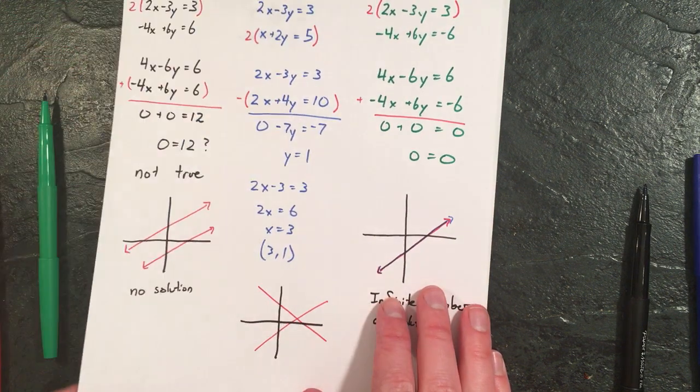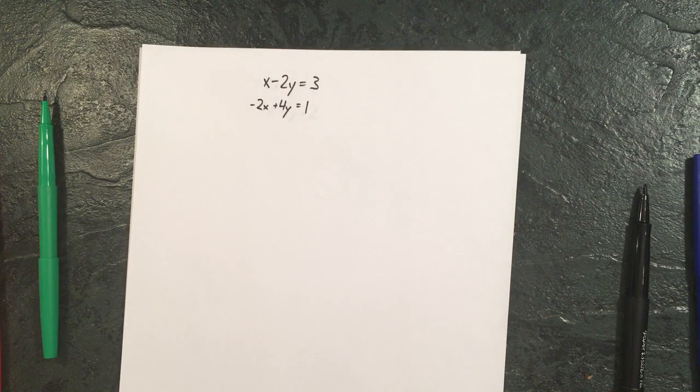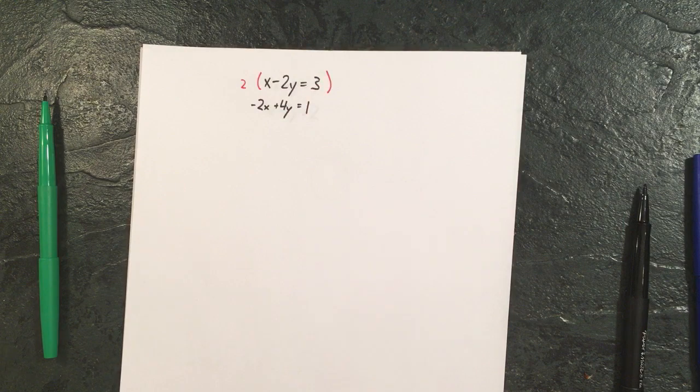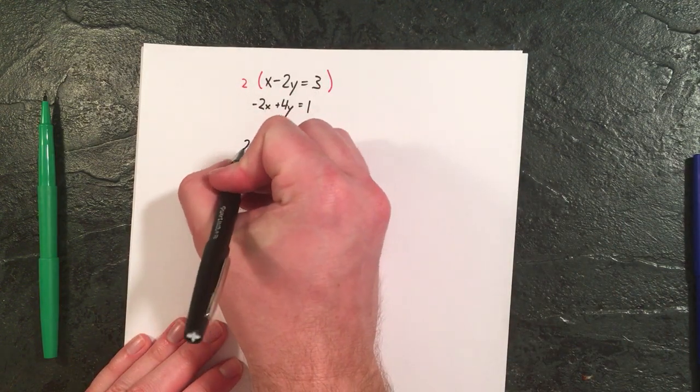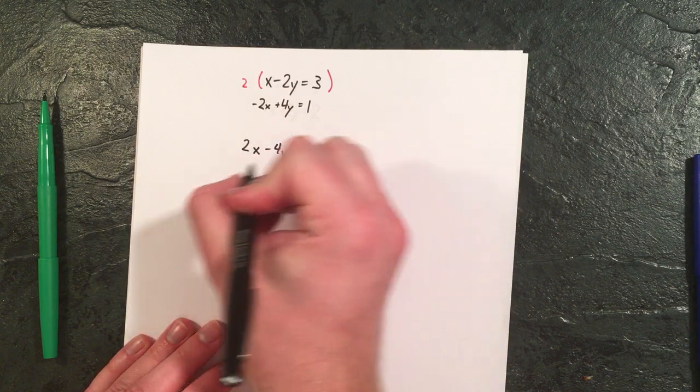So let's take a look at some random questions and see if we can break down which situation is which. Okay. x minus 2y equals 3 and negative 2x plus 4y equals 1. I'm going to make that first x into a 2 here. So we're left with 2x minus 4y equals 6.